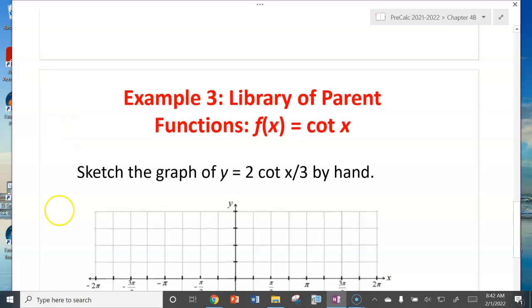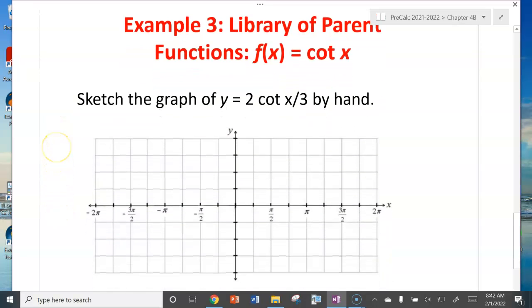All right, now the next one we're going to do is the cotangent. So the cotangent looks a lot like the tangent, but it's going to be going the other way. And I'll show you what I mean here. So I'm going to start off with the parent function, y equals cotangent of x.